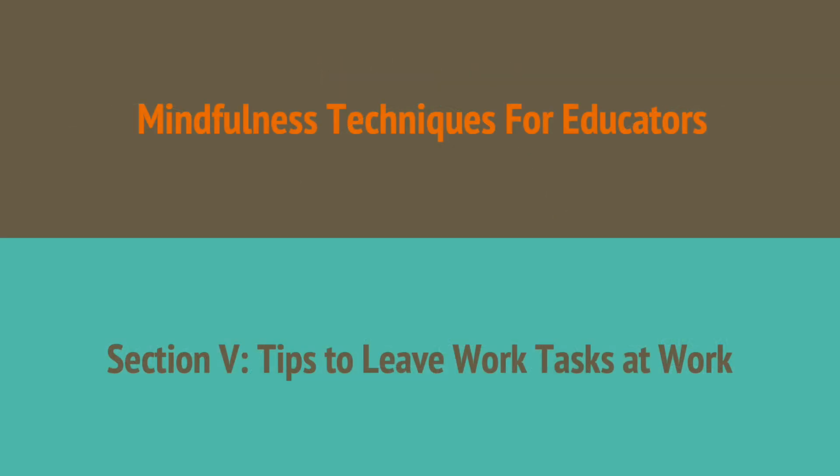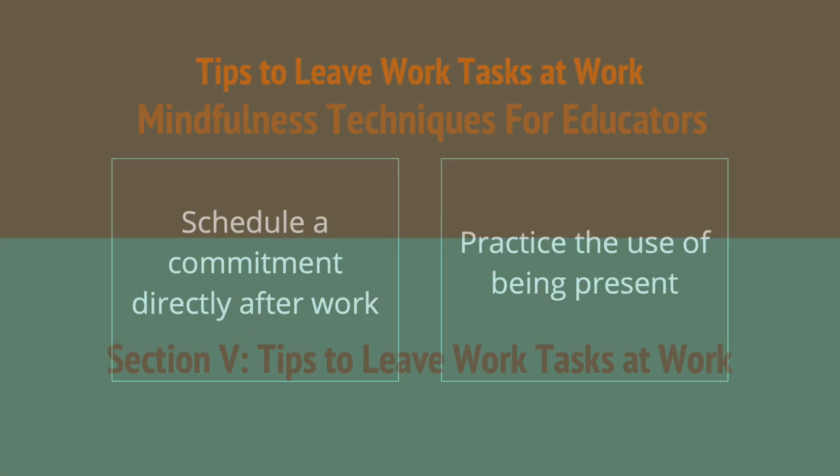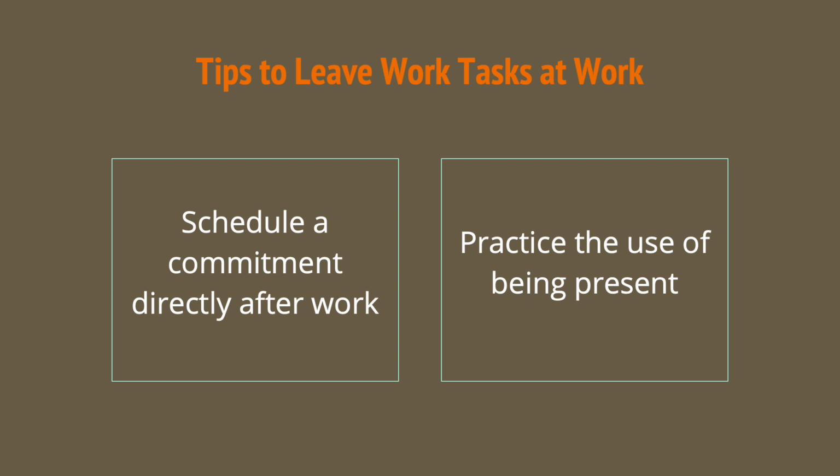The fifth and final technique in this unit we will be discussing is tips to leave work tasks at work. One tip for leaving work tasks at work is scheduling a commitment directly after work. This forces your mindset to transition from work to leisure.